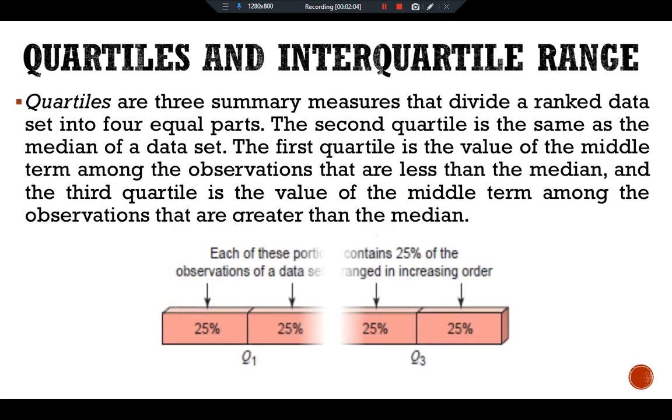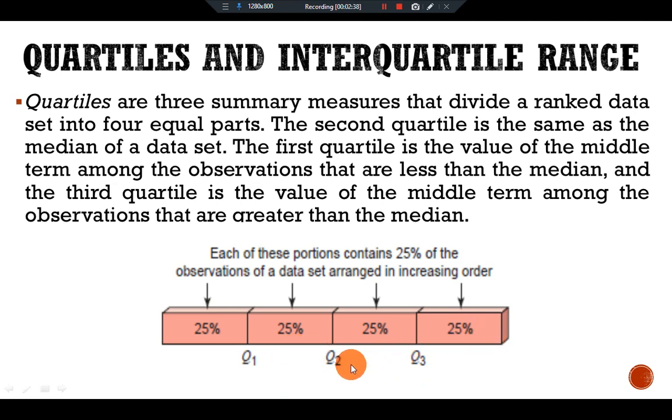So for this purpose, here we have each portion containing 25% of the observations of the data set arranged in increasing order. So our first quartile Q1, Q2 and Q3. Approximately 25% of values in our ranked data set are less than Q1 and about 75% are greater than Q1.